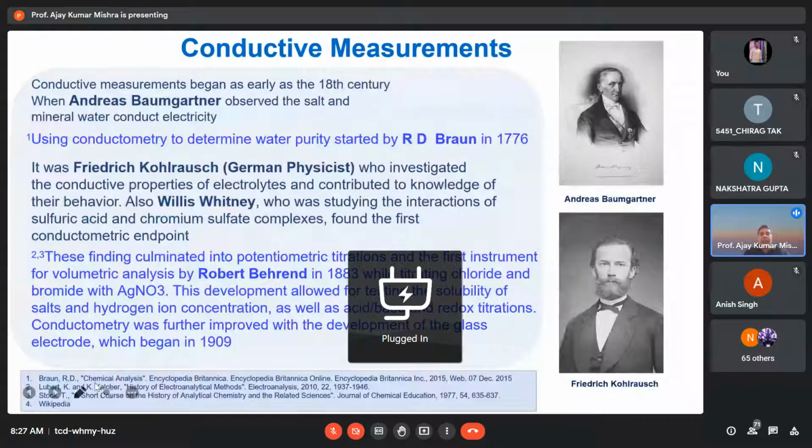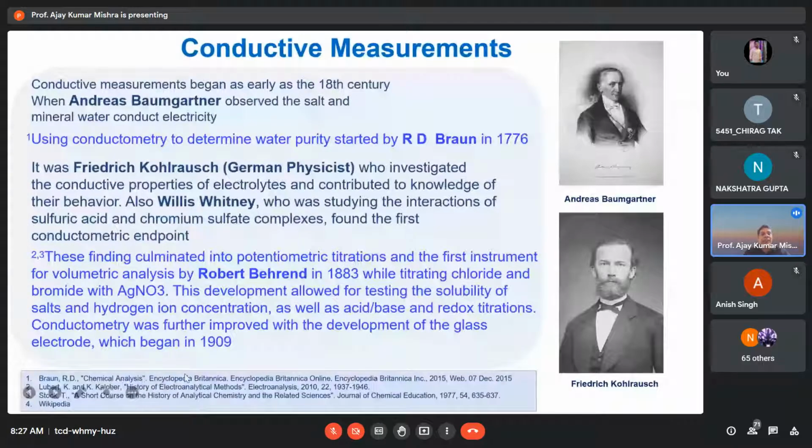You can see it is written Chemical Analysis. That is a kind of Encyclopedia Britannica, which has been published, and there is a reference already, 2015. That is the year, and the date accessed is 7 December 2015. So that is the way if you have to read more about any article, you have to follow the reference.